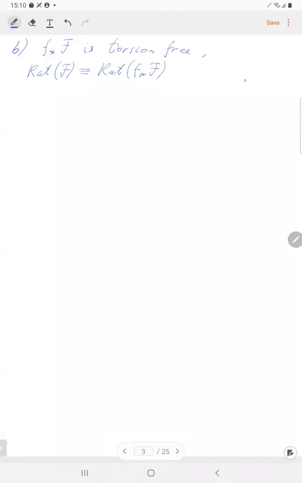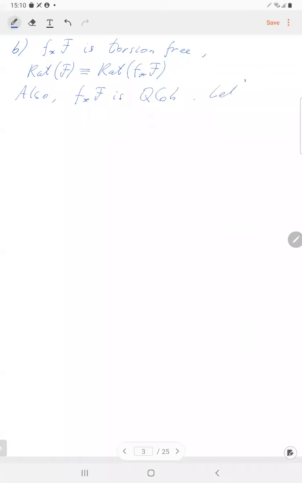Also, this direct image is first of all quasi-coherent. We proved this some long time ago in December. We only need to check that it is coherent, and then it will be automatically locally free, because it's torsion-free and coherent.